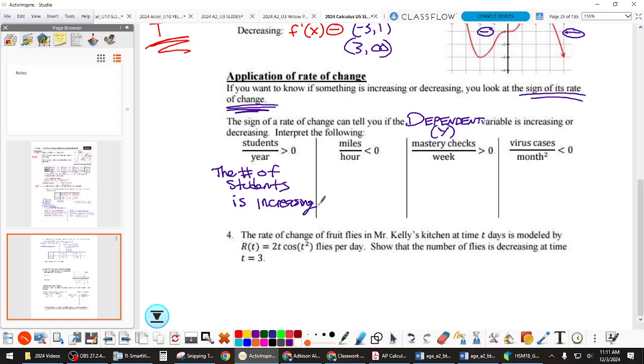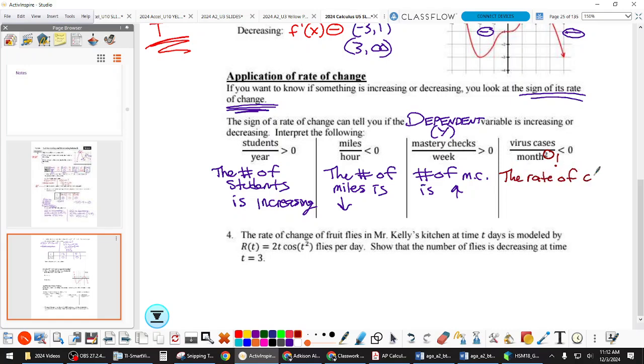Okay. The number of miles is decreasing. Yep. Yeah. The number of miles is decreasing. All right, this one's different. Since it's squared, that means that it's a derivative, right? So then the rate of change is changing, right? Yeah.